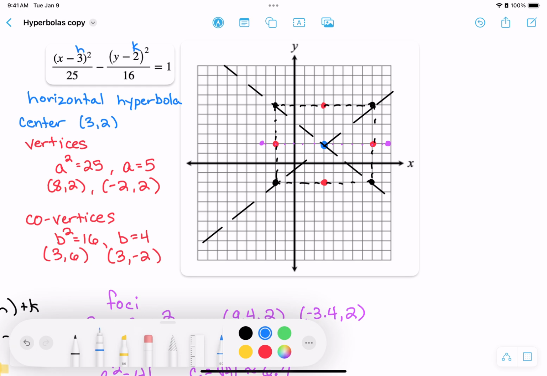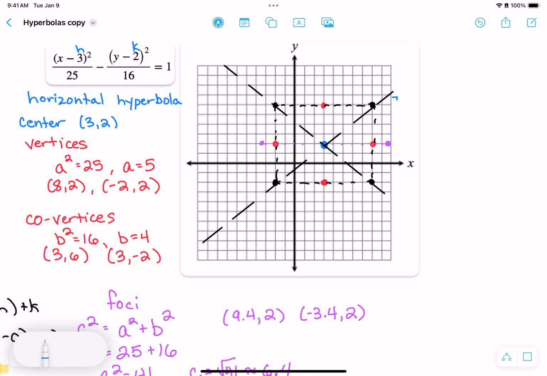And on one side, we're going to be able to just barely put the hyperbola. And on the other side, we've got a little bit more room. And there it is. It's so beautiful.